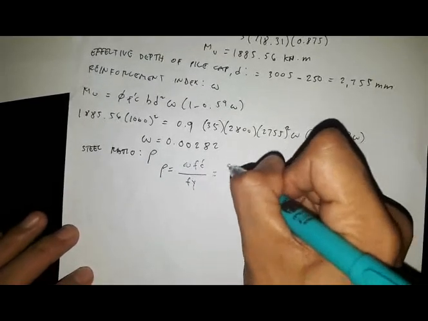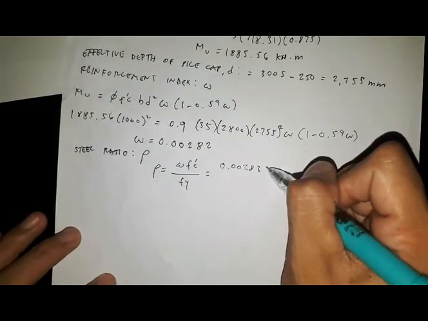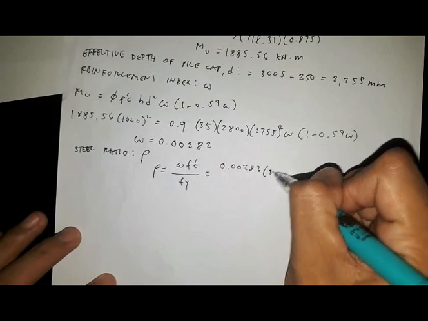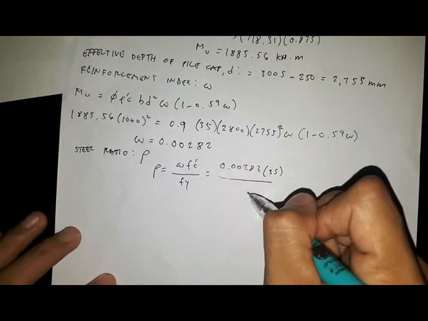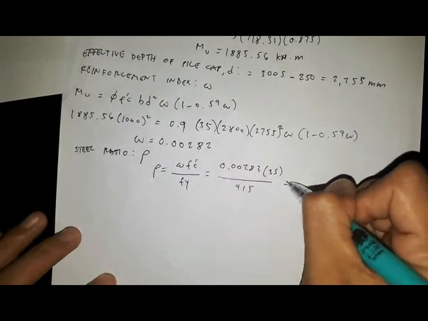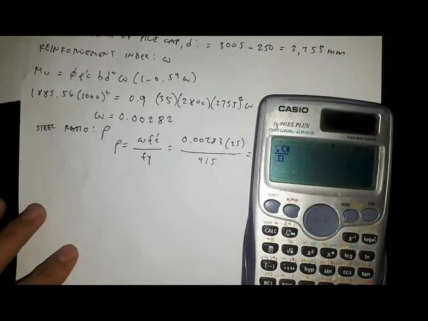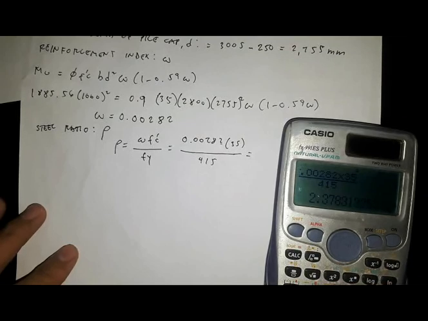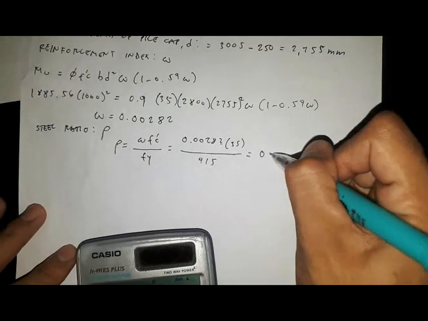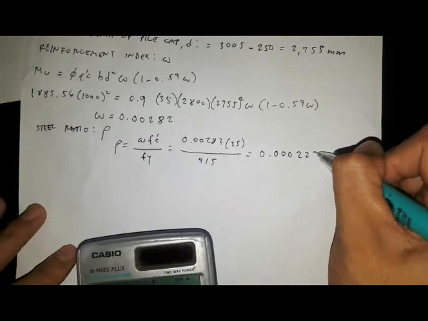So that is equal to 0.00282 times 35 over 415, and that is equal to 0.00023.